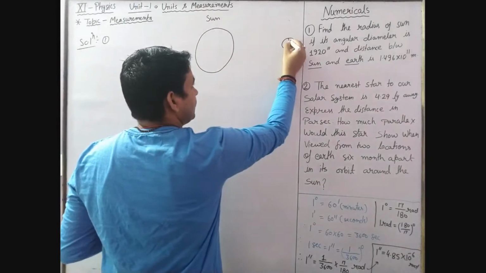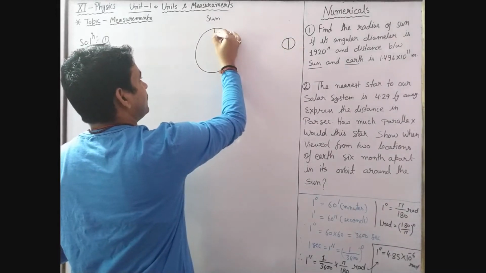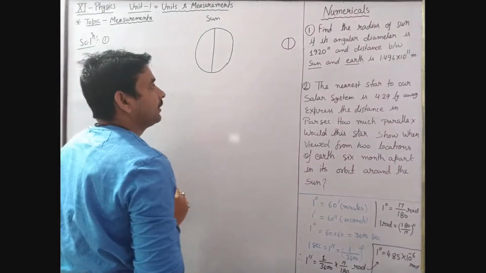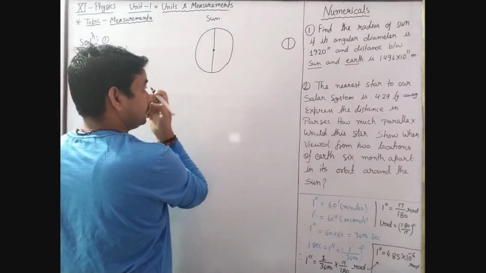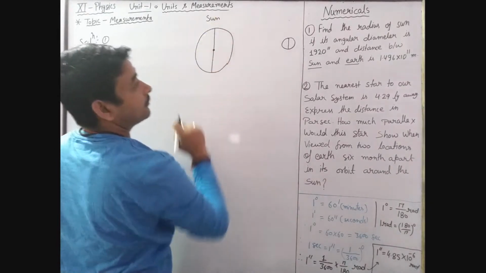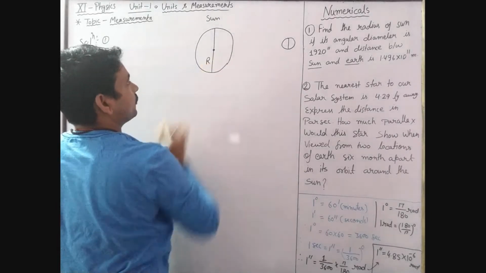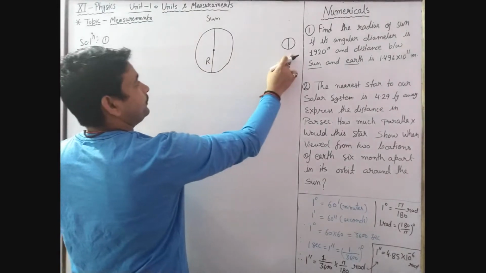So this is the earth diameter and this is the sun's diameter. We need to calculate the radius of the sun according to the parallax method.